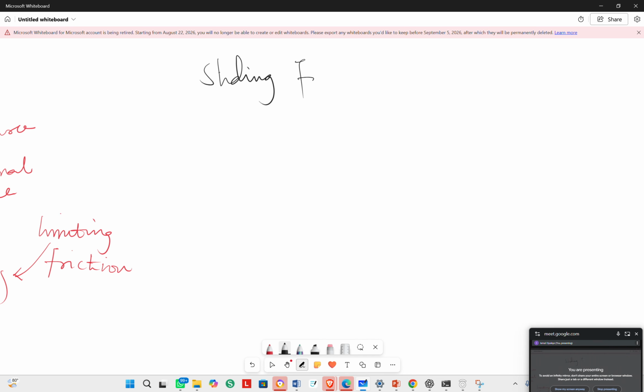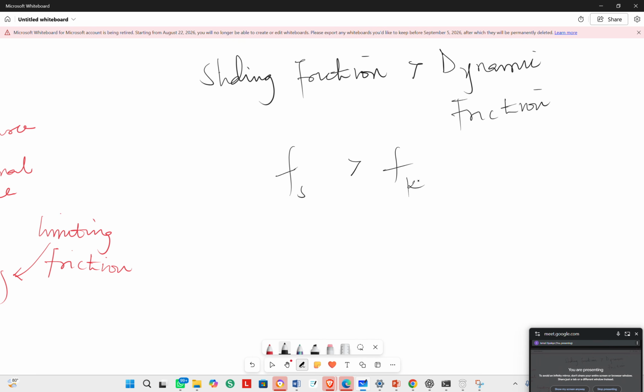You expect that sliding friction is greater than dynamic friction. Okay, so that is f of x greater than f of k.